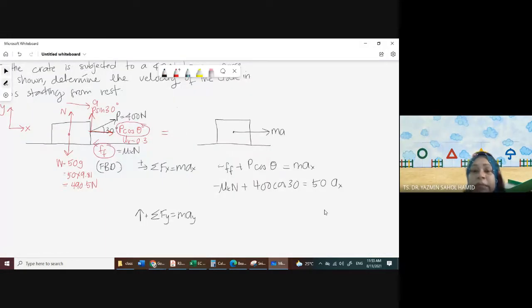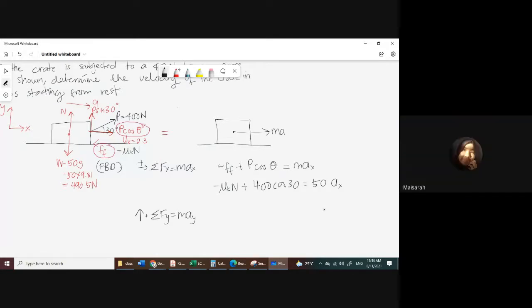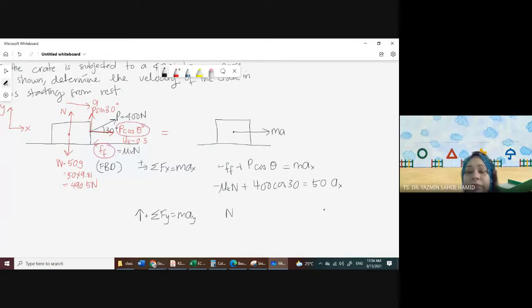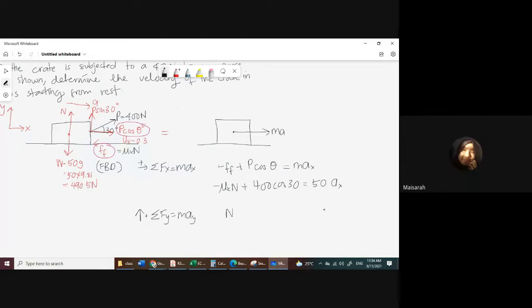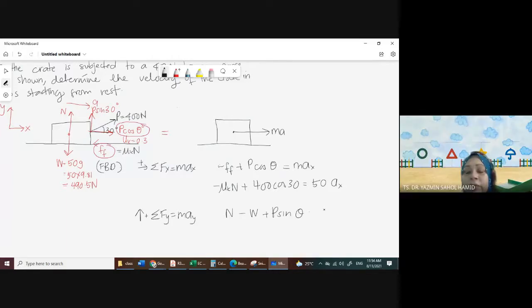Maisara, give me the equation in the y direction. Positive N. N, okay. Negative W. Plus P sin theta. Anything else? Equals to? 0. Yes, 0.